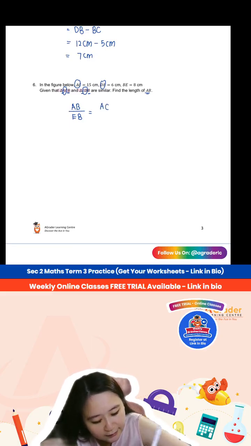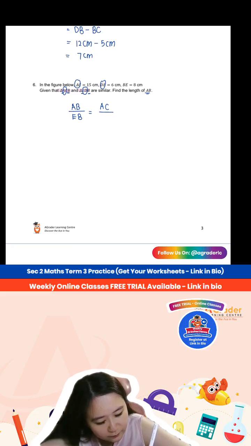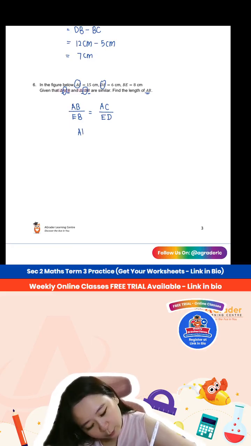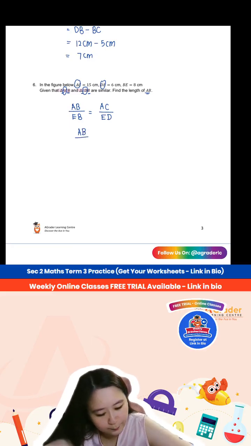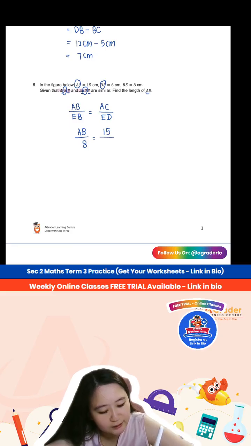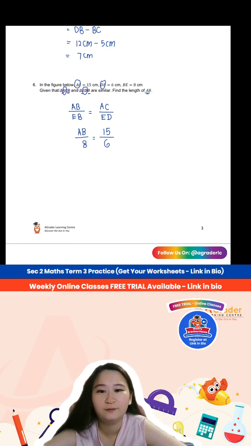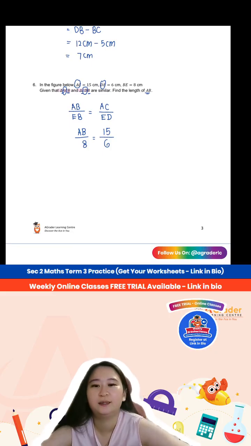So it will be AC over ED. We do not have the figure. EB is 8 cm, equals to AC is 15 over ED, which is 6. So with this, we can find the value of AB.